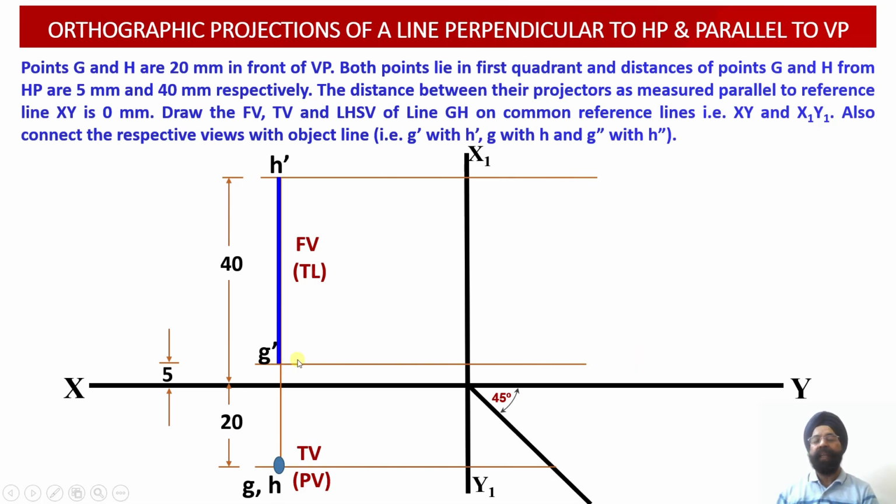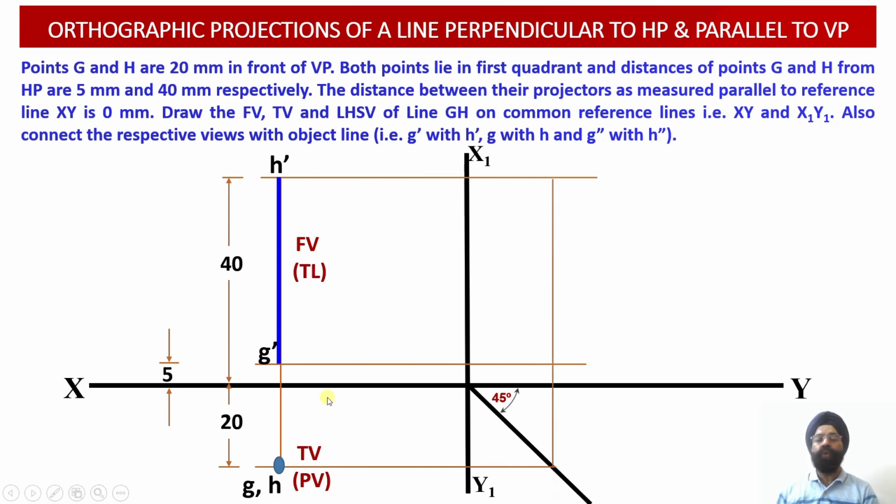Point G double dash will be located into the profile plane alongside this horizontal projection line. Point H double dash will be located into the profile view alongside this particular horizontal construction line which we have drawn through the point H dash.